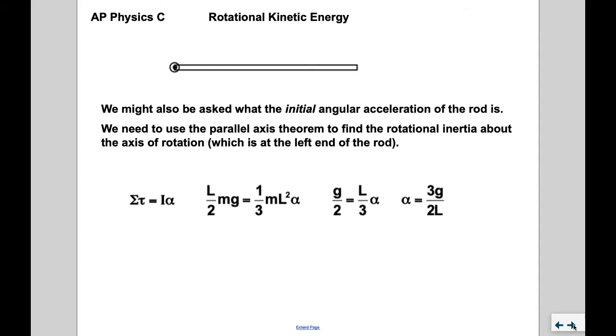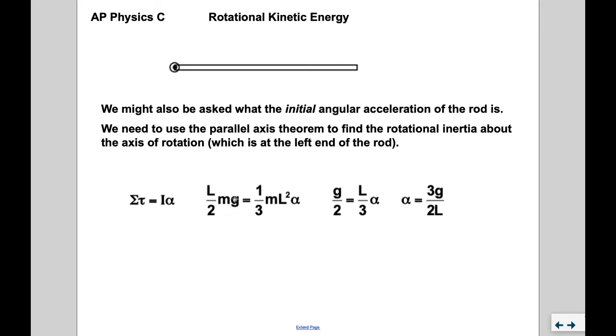So we might be asked what the initial angular acceleration of the rod is immediately after it's released. We do need to use the parallel axis theorem to find the rotational inertia about the axis of rotation, which is over here at the end of the rod. If we look at sigma torque equals I times alpha, this here is my torque term.